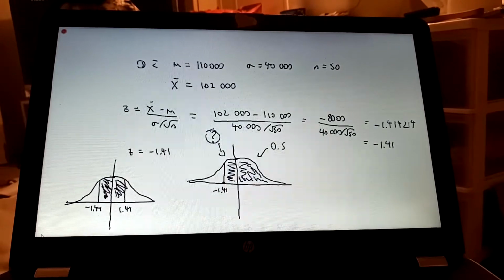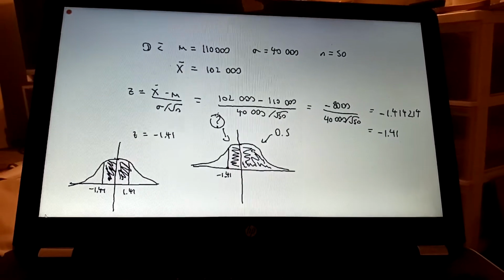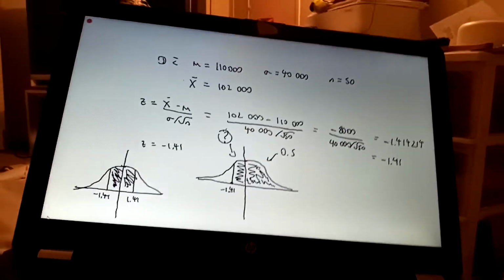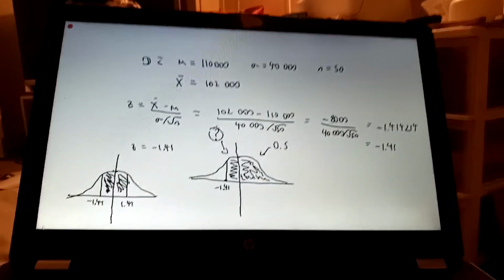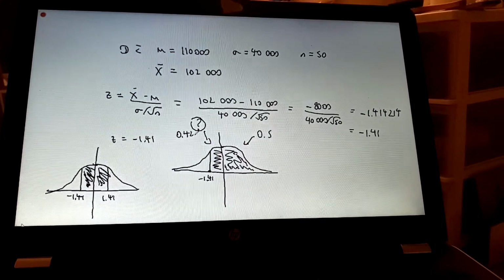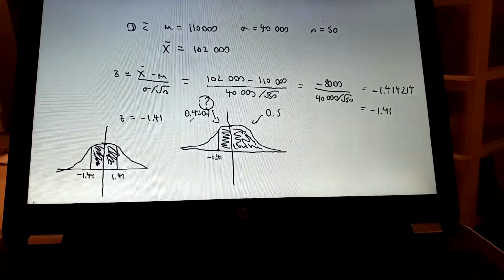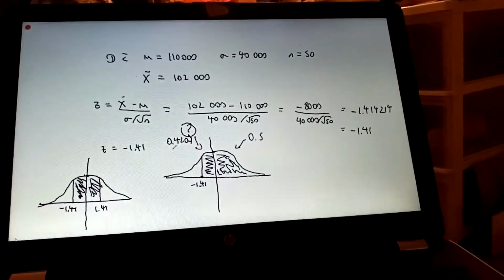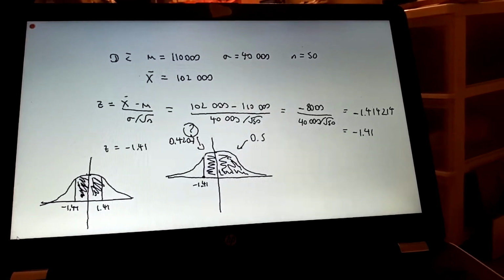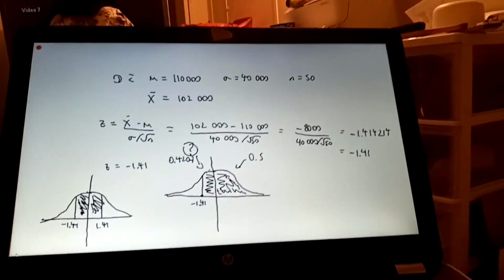So let's go there and let's look up 1.41. It is 0.4207. So your answer is going to be 0.5, which is all the area on the right, plus 0.4207, which is the more slim amount of area on the left.